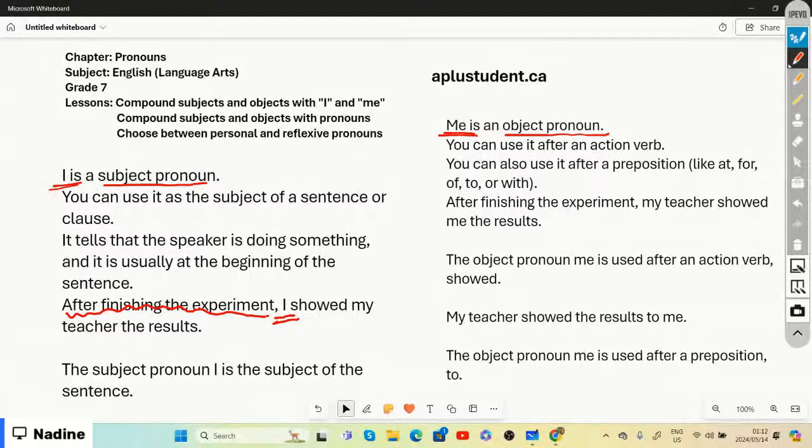So I is a subject pronoun, and me is an object pronoun.